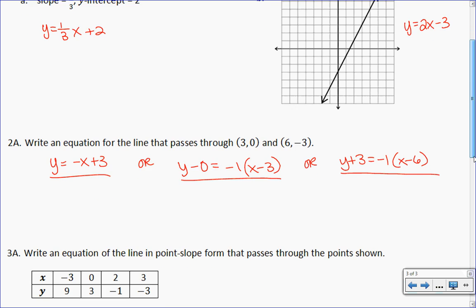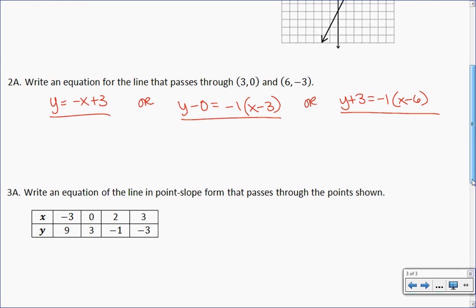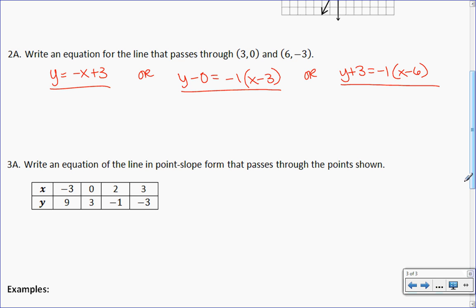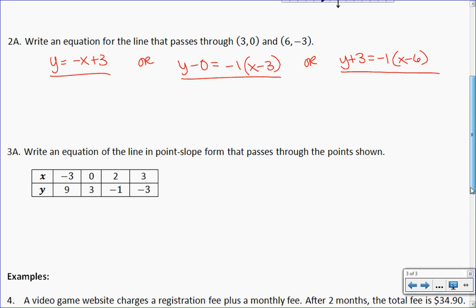Okay. For number 3, there are 4 different answers that you could have come up with. And again, I will give you all 4 so that you can check to see if what you had is one of those. So you may have come up with y minus 9 equals negative 2 times x plus 3.